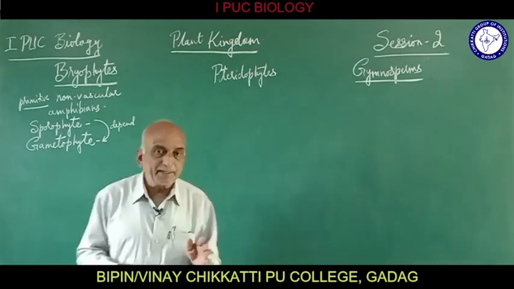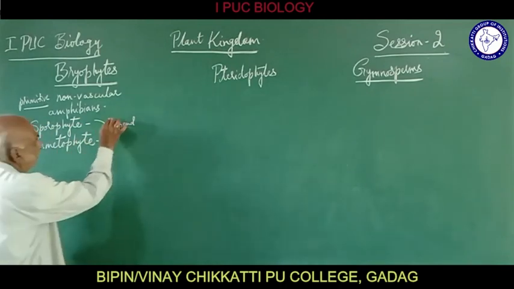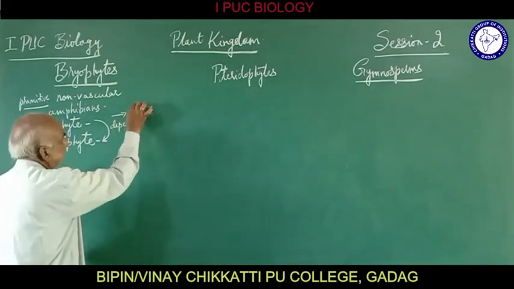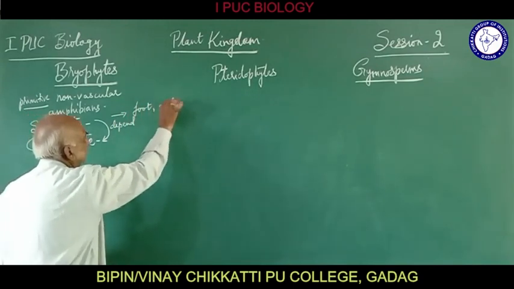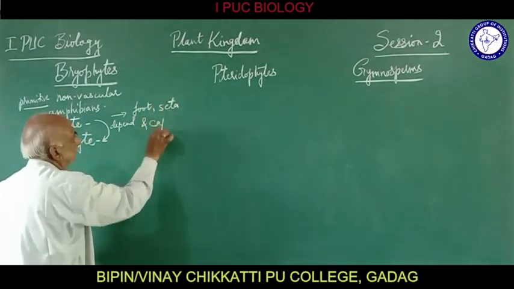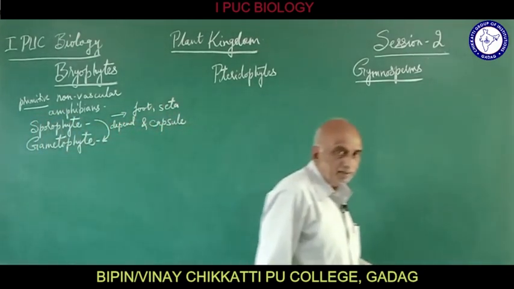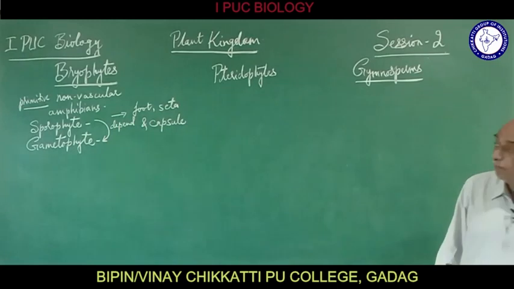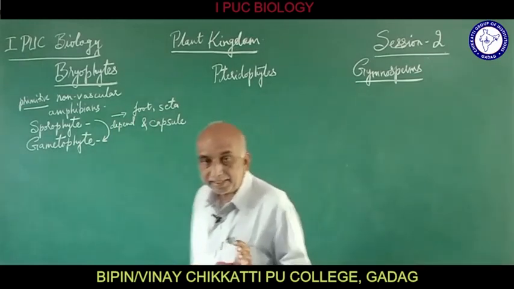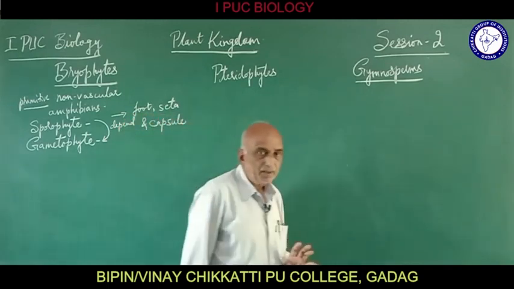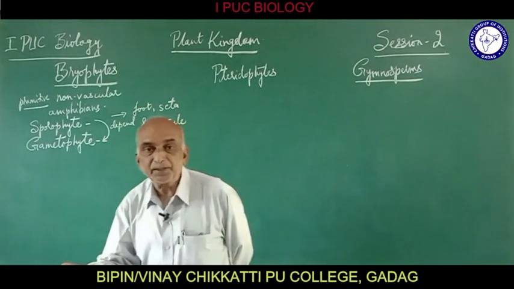Now the sporophyte in bryophytes is divided into three parts: the foot, seta and capsule. So these are the three parts of the sporophyte. The foot is the basal part of the sporophyte, which is attached to the gametophyte, and the seta is the stalk, the upper part of the foot.